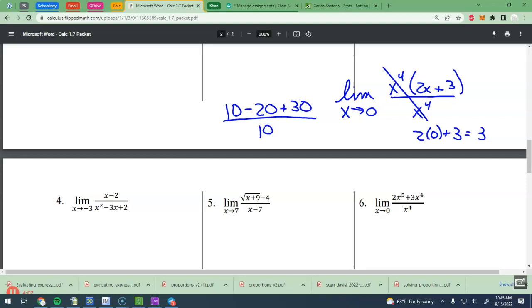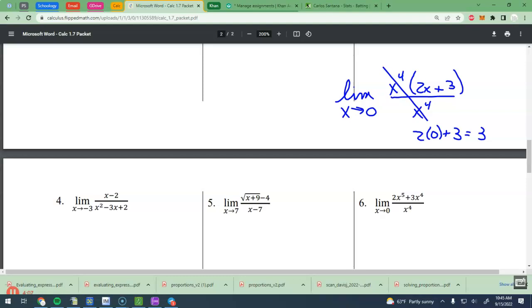Could I rewrite that as 1 minus 2 plus 3 over 1? I could. I divide every single thing in there by 10. But if there's a plus 4 there, can I do that? Now you're not being fair, right? You gotta do it to every single thing.